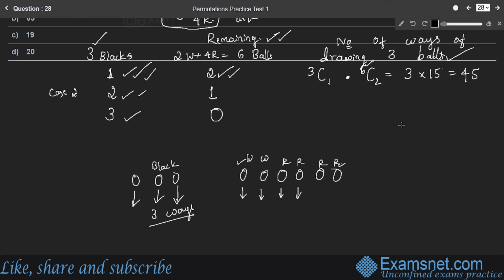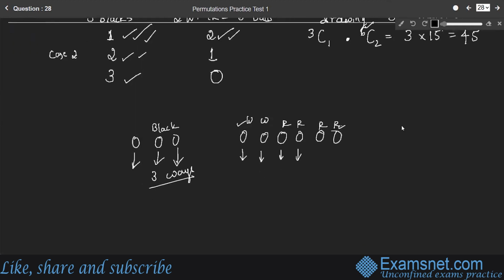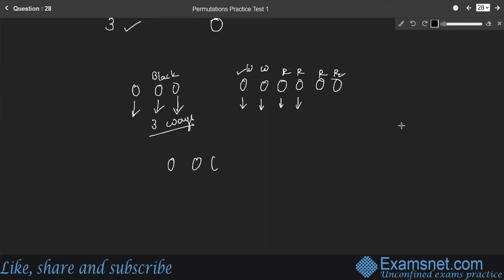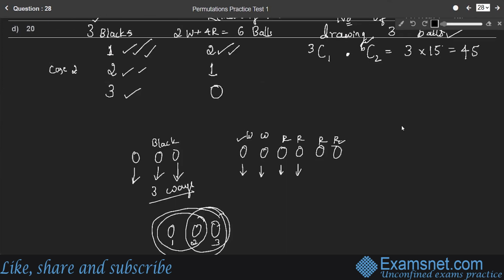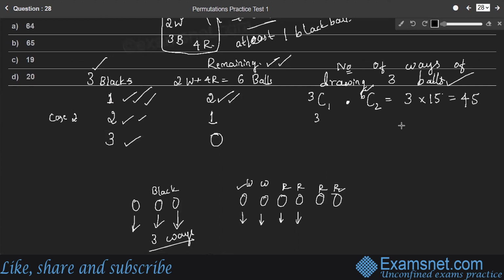If 2 balls drawn are black, how many ways of drawing the black balls? Either you can draw the first and second black ball, or the second and third, or the first and third. That is 3C2, which is factorial 3 divided by factorial 2 into 1 factorial, which is 3 itself.